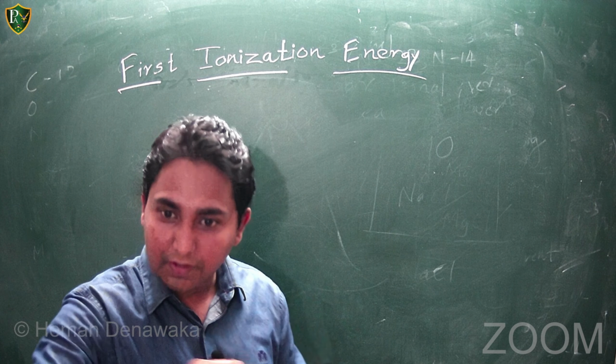Okay. Next, what should happen when you move across a period? All right. This is how it would vary. At the exams, they'll be asking you to draw the graph of how the first ionization energy would vary across a period.